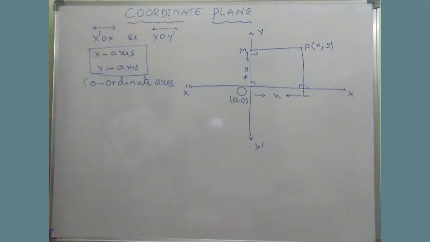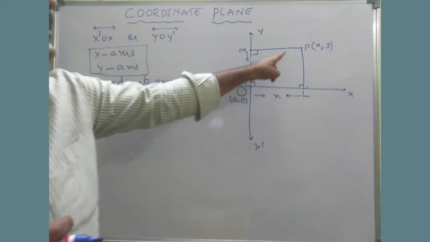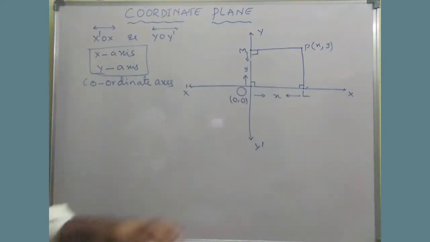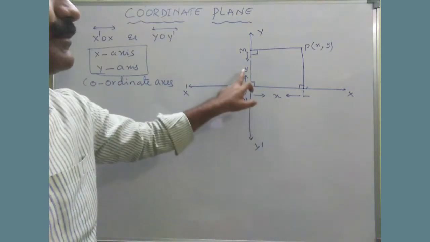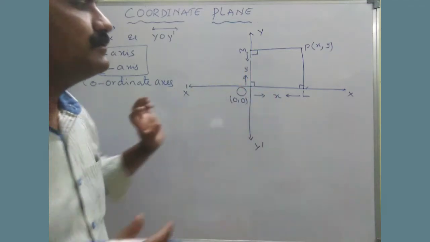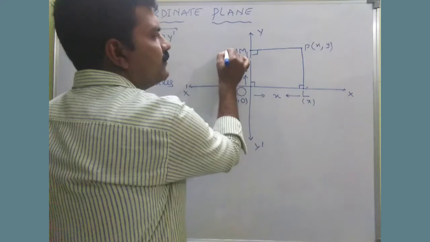Understood, children? Look at that concept once again. Let P be any point in the plane. PL and PM are the two perpendiculars drawn from P to the coordinate axes respectively.